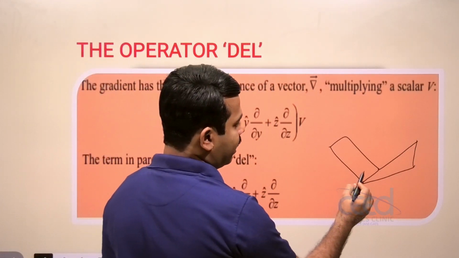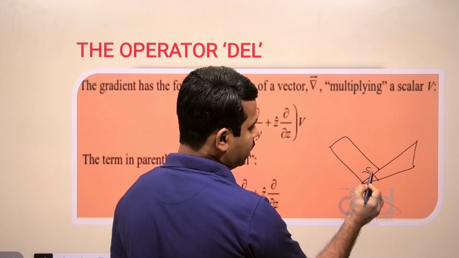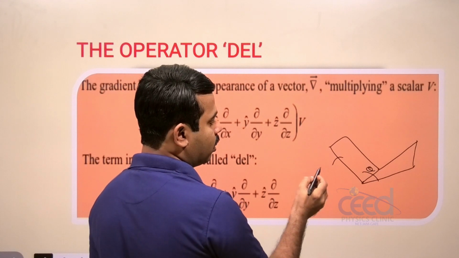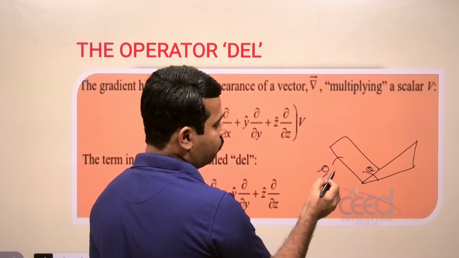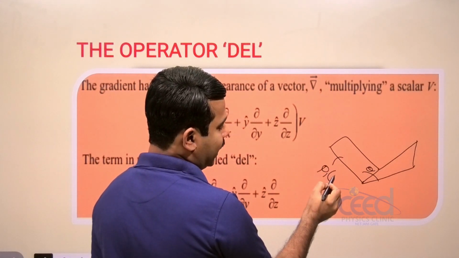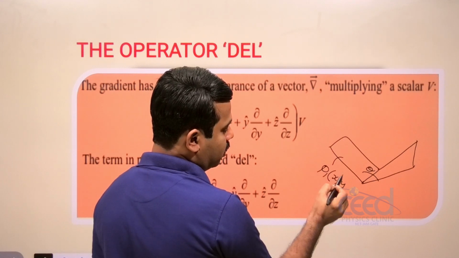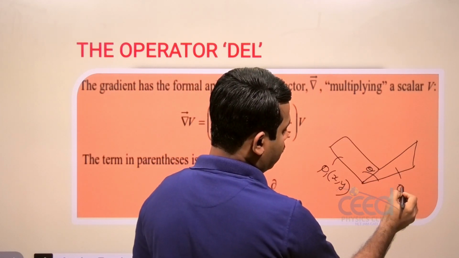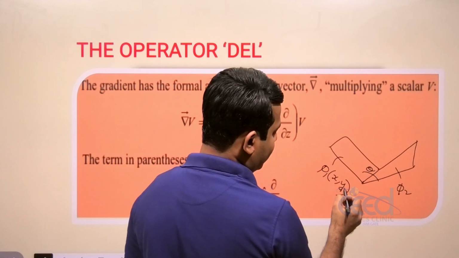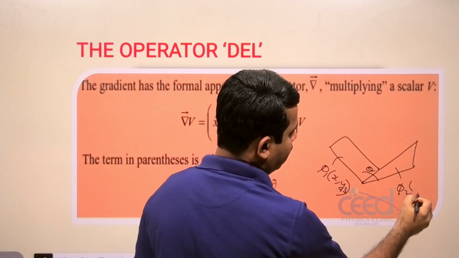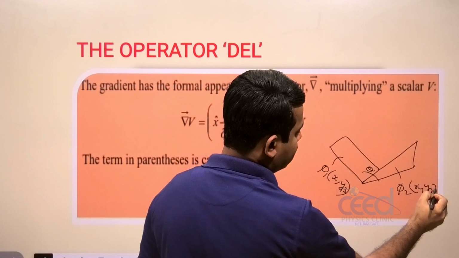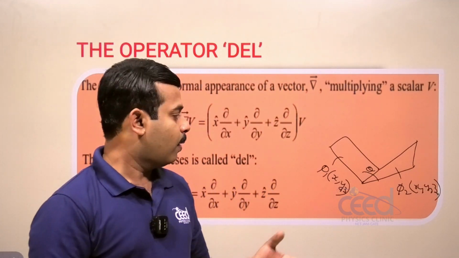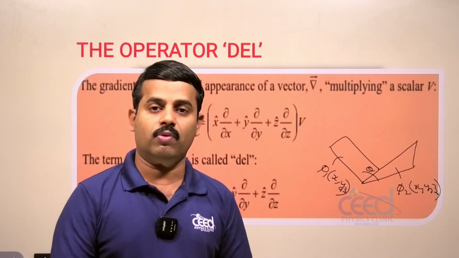Now, what is the angle between these surfaces? The equation of this one is some phi 1 of xyz, and the equation of the other is some phi 2 of xyz, in three dimensions. The equations of the two surfaces are given, what is the angle between these two surfaces?